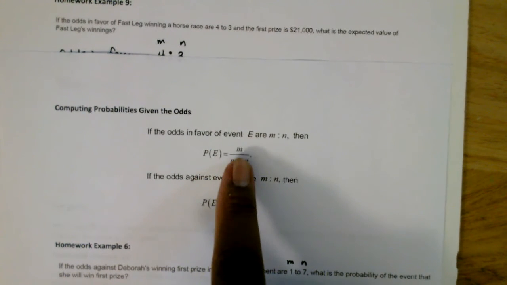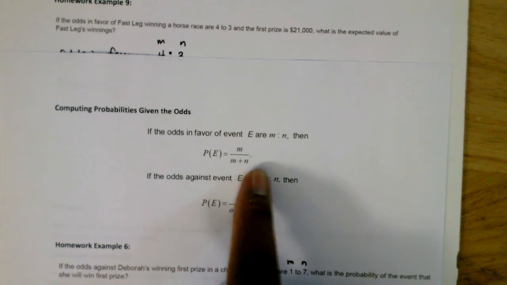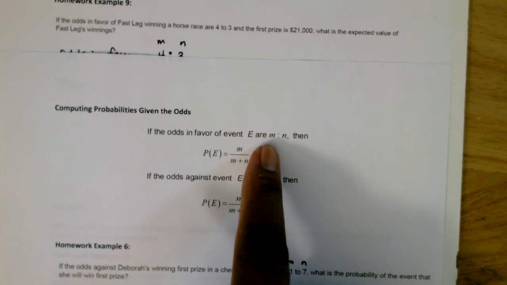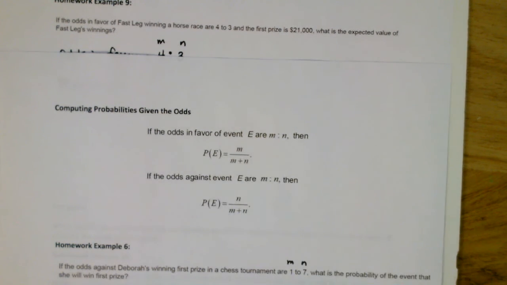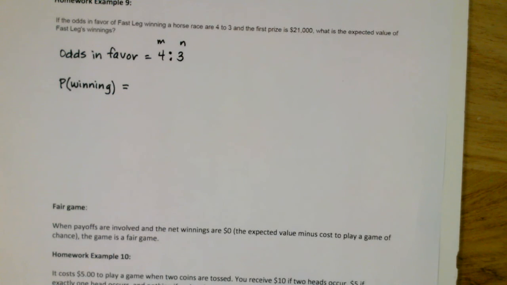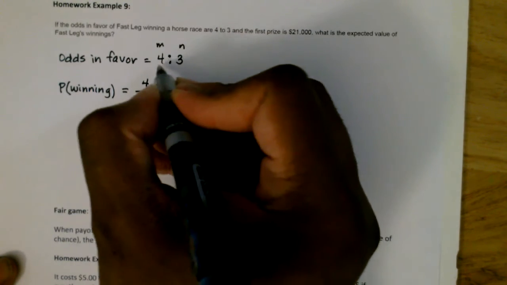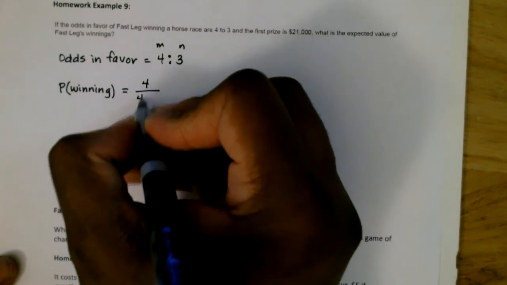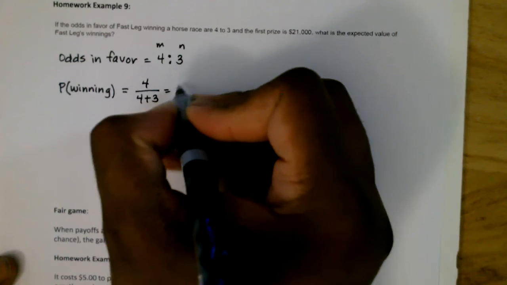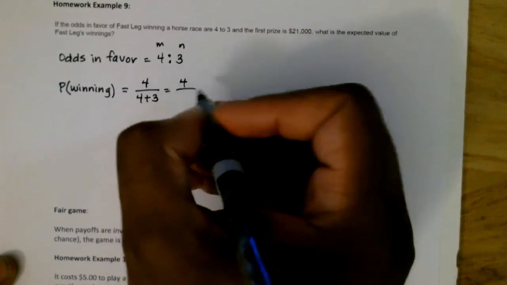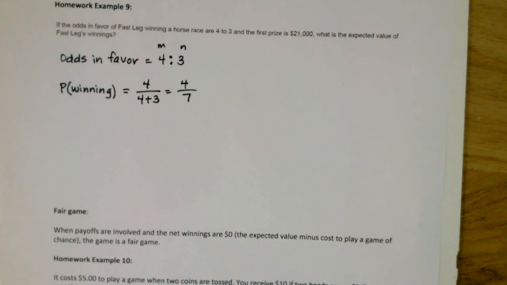Odds in favor, that means it's going to be M divided by M plus N. That's the first number in front of the colon. So it's the 4 that's in front. So that 4 goes to the numerator. That would be divided by 4 plus 3. Bring the 4 over, add 4 plus 3, you'll get 7. So the probability of Fast Leg winning the race would be 4 out of 7.